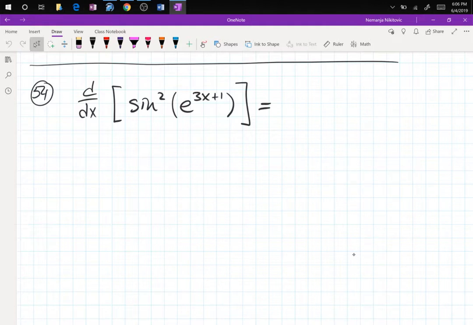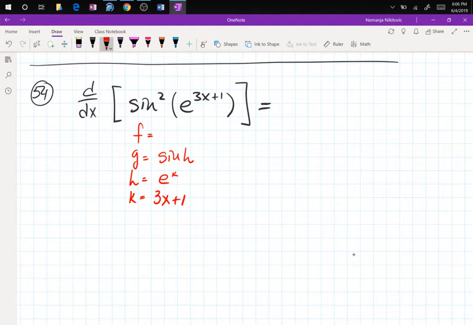Okay. Ready? Sure. Yes. f, g, h, and we said k, whatever. 3x plus 1. So that will be e to the k, right? Yes. And then a sine of h in this case, good.